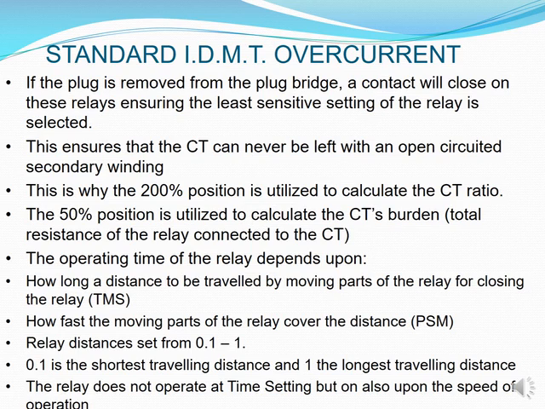So our relay distances usually are from 0.1 to 1. 0.1 is the shortest traveling distance, and 1 is the longest traveling distance. So when you work out your TMS, you're really wanting to get values between 0.1 and 1.